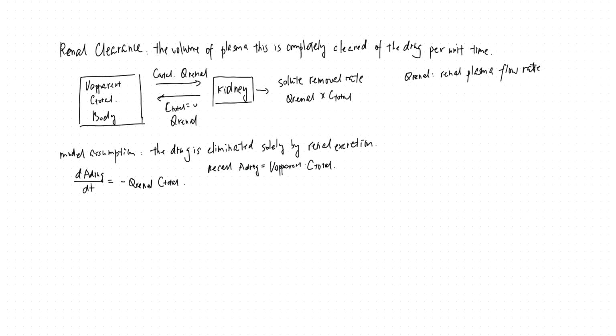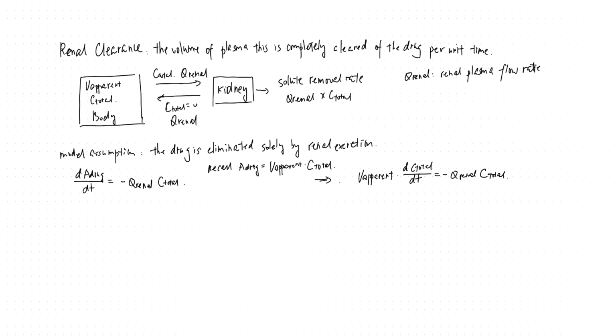We assume V apparent doesn't change; we just assume the effective distribution of the drug in the body is the same. So with this assumption, V apparent multiplied by dC total dt equals minus Q renal multiplied by C total.